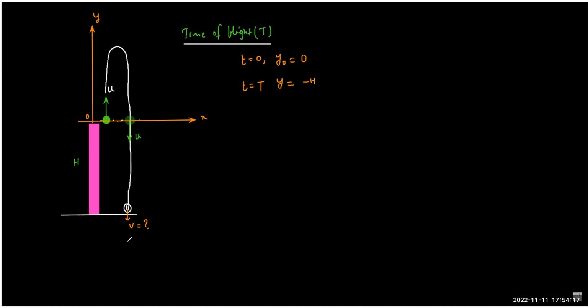So you have been given initial velocity u, and you have been given the height of the tower as capital H. And you are supposed to find the time of flight. So which kinematical equation should we use to get the time of flight?